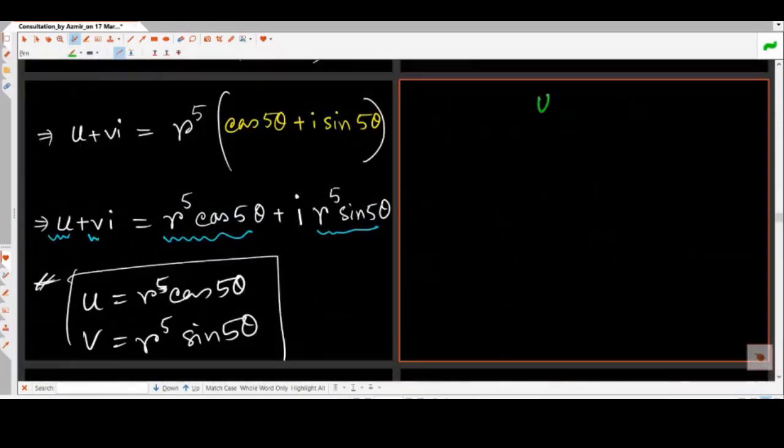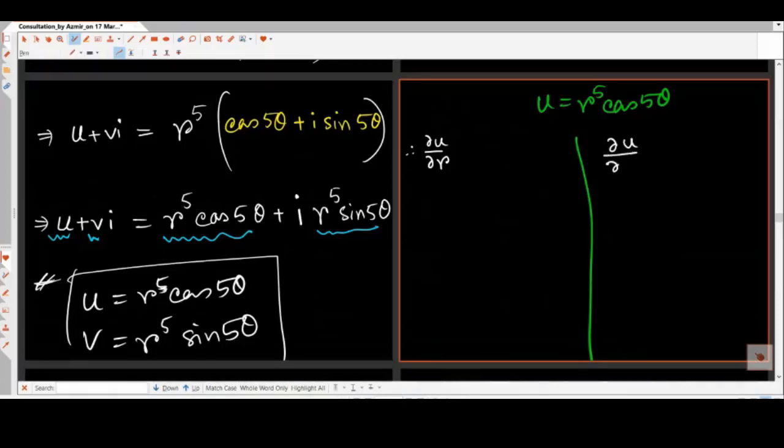We have u equals r to the 5 cosine 5 theta. So let's find du dr, then we will find du d theta.